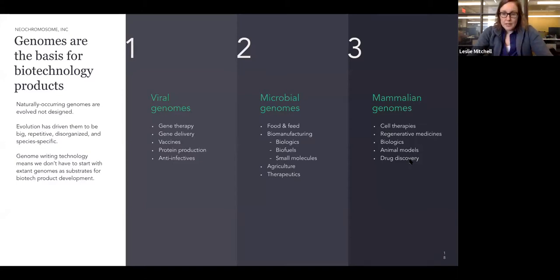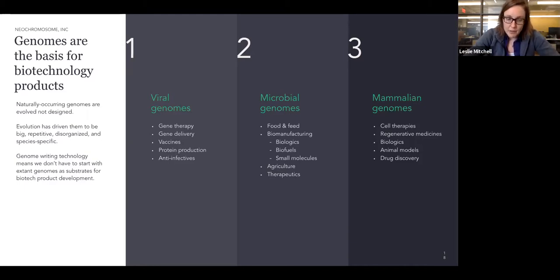The thing that nobody really steps back to think about is that naturally occurring genomes are evolved and not designed. So evolution has driven all these weird characteristics that are sort of the product of chance. There's no reason, now that we're starting to develop these genome writing technologies, to believe we should be limited to what nature gave us.